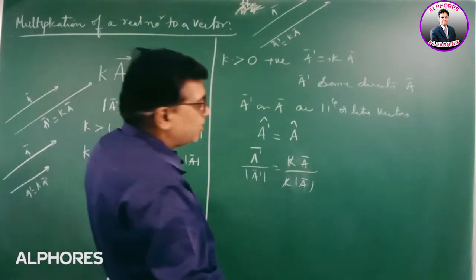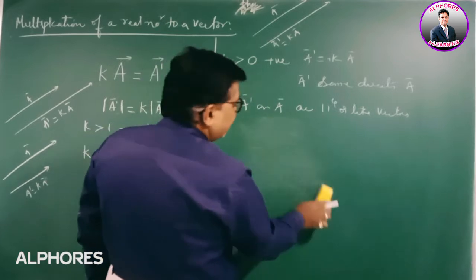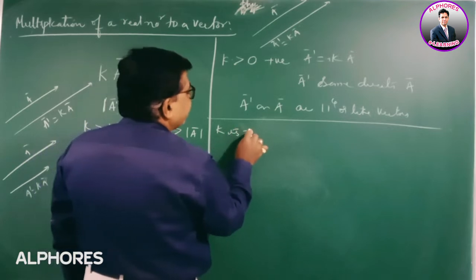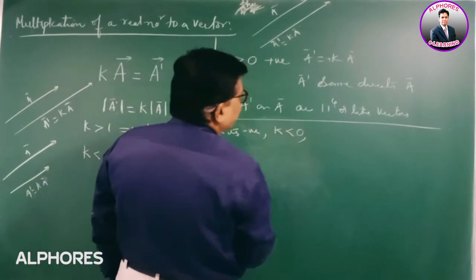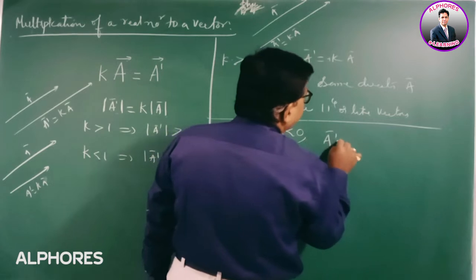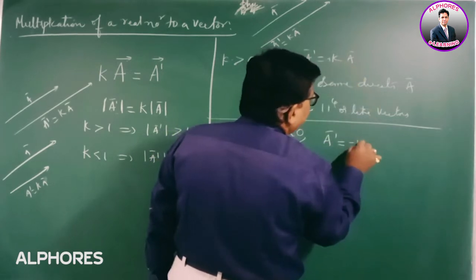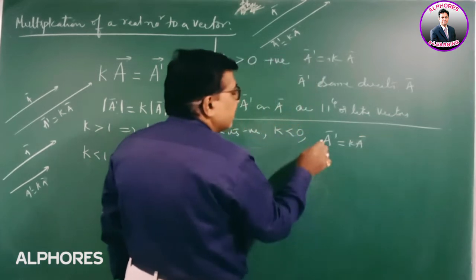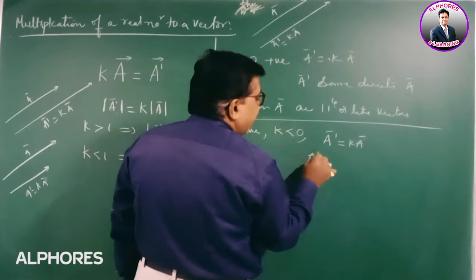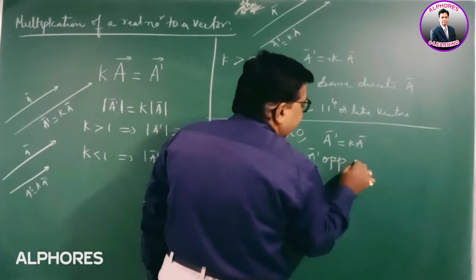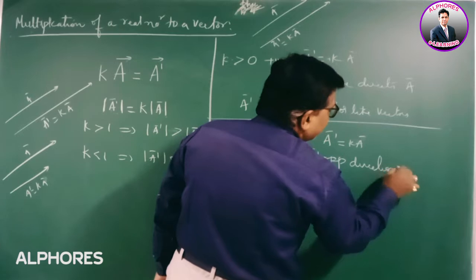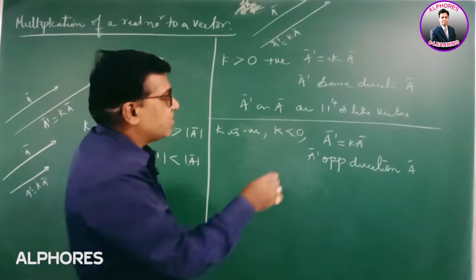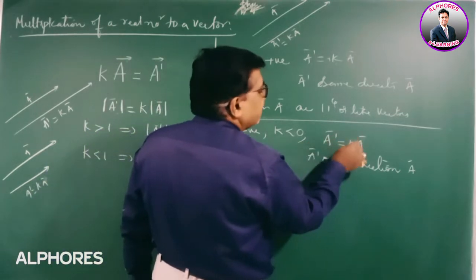Right? So both will be in the same direction, parallel like this. Now what happens if K is negative? If K is negative, that is K less than 0, then A dash bar is K times A bar. If K is negative, then A dash bar will be in the opposite direction to A bar, because if A bar is plus, this becomes minus; if it is minus, this becomes plus.